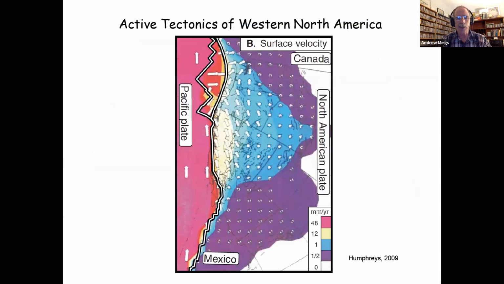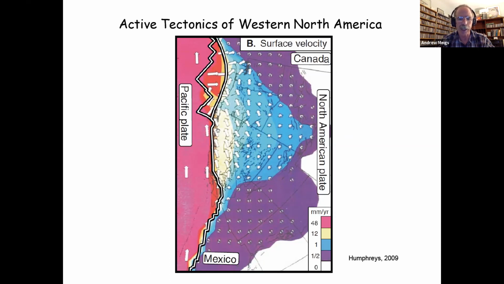It's in fact a broad region of deformation. This is a map from a paper by Gene Humphreys at the U of O, which shows how the modern deformation field manifests itself in North America. If you have a purple color over here, you're essentially not deforming.